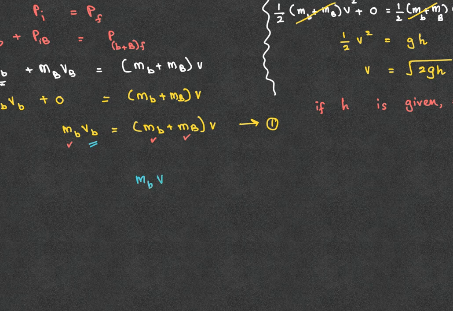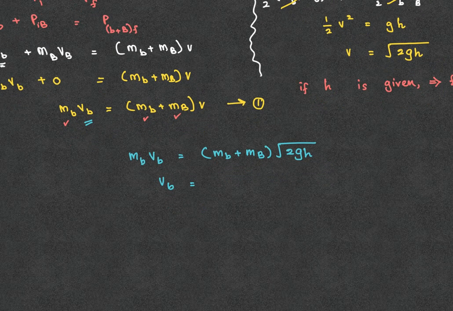I don't have any numbers here, so I'm going to leave it like that. But when the problem is given with numbers, you should be able to complete that. So there you have square root of 2gh, and then the bullet speed is given by (mb plus m block) times square root of 2gh, divided by mb.